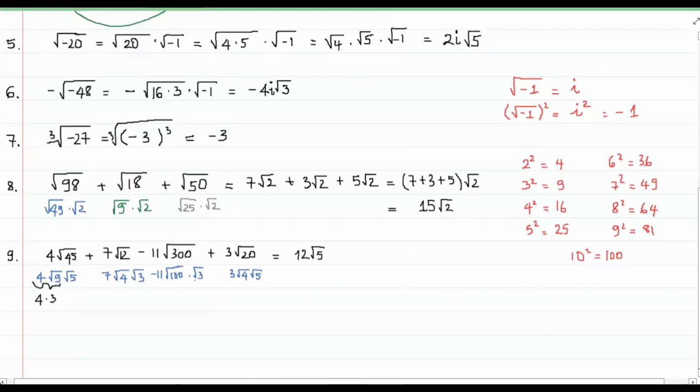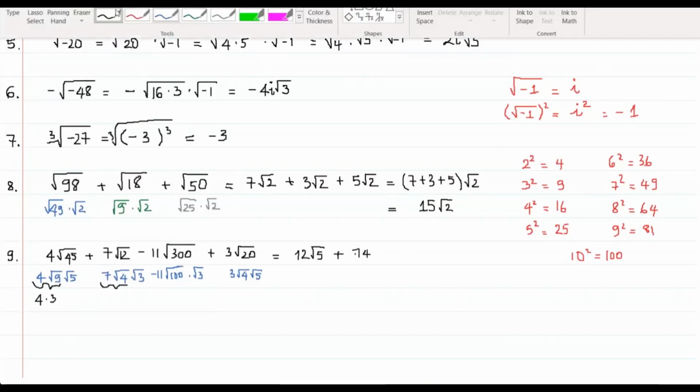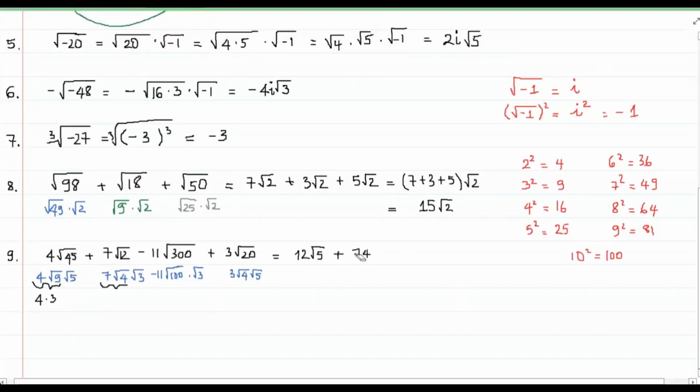Continue with 7 times the square root of 4, we have 7 times 2, which is 14, square root of 3.